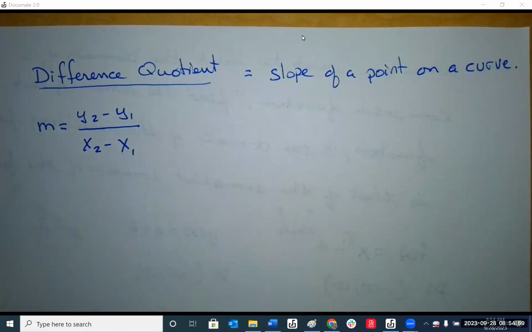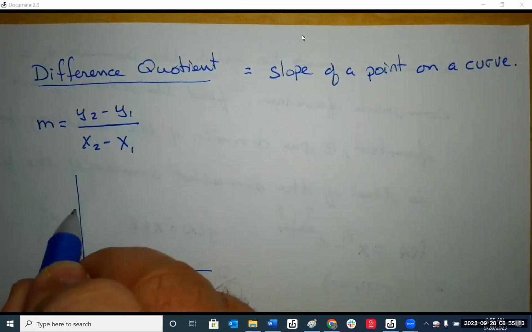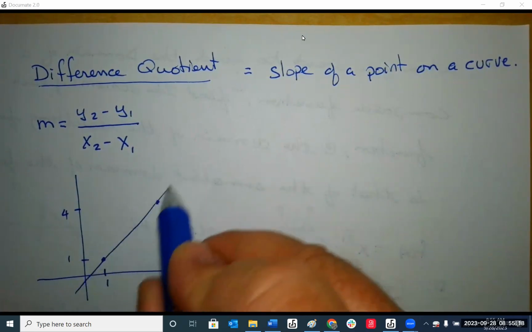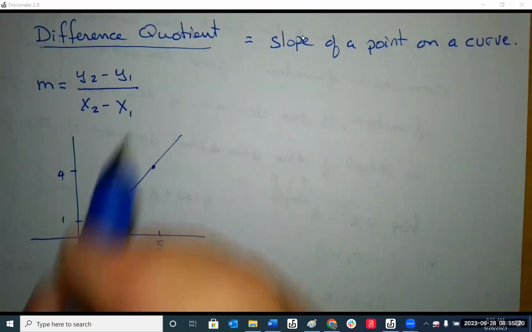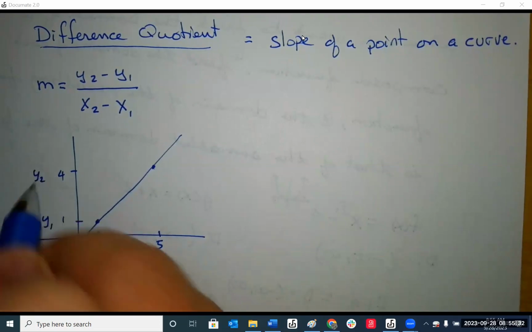In chapter 1, we learned the slope is this equation. And this only works for the slope between 2 points on a line. This is x1, y1, x2, y2.